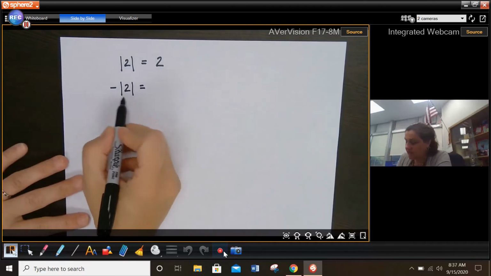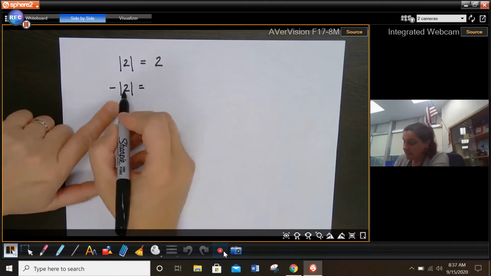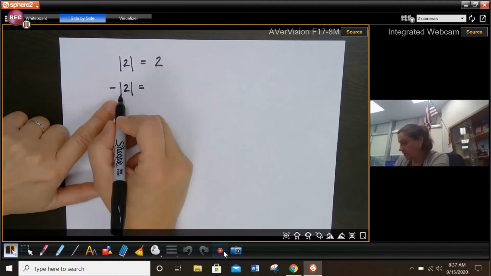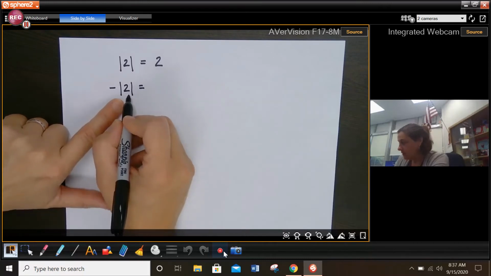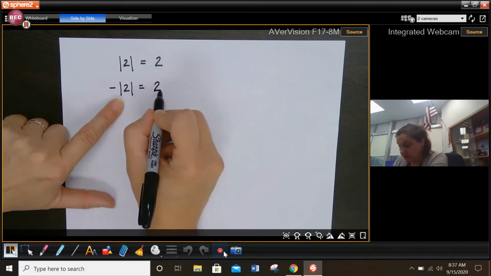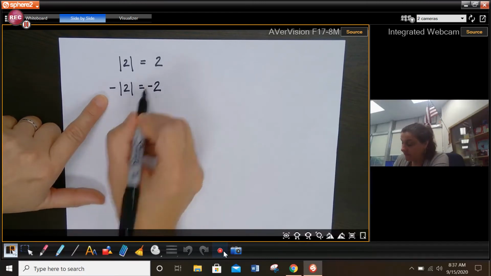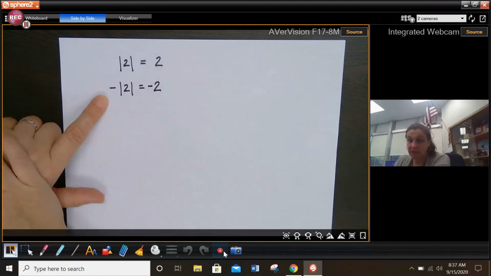So I have to do this operation first. So this is saying the opposite of the absolute value of 2. So I know the absolute value of 2 is 2, but now because this negative sign is out here, it's asking me to find the opposite of it. So I'm going to put -2 because I know -2 is the opposite of +2.